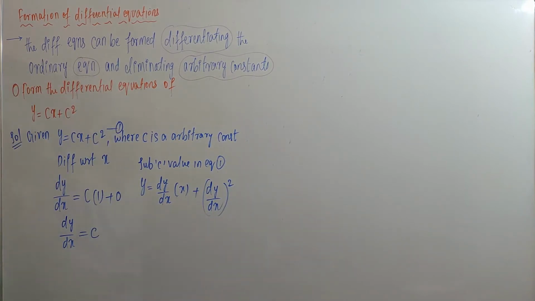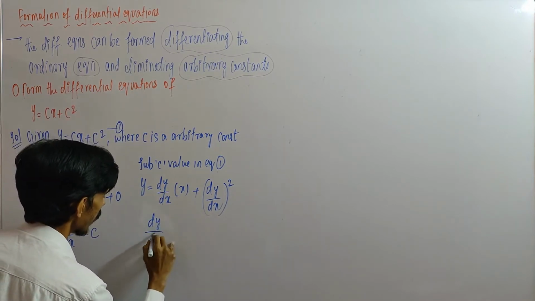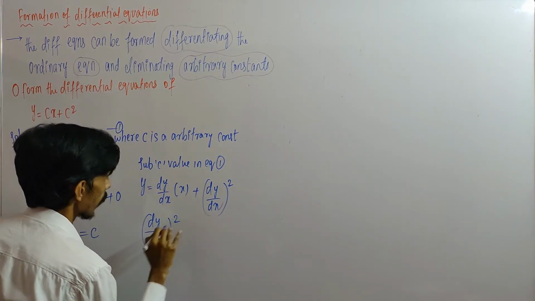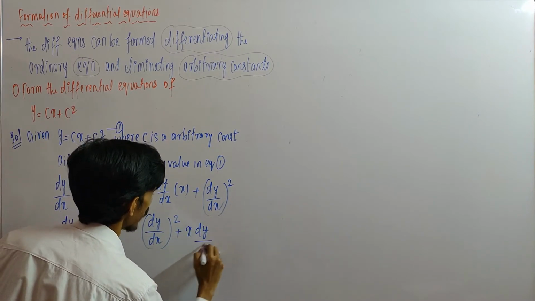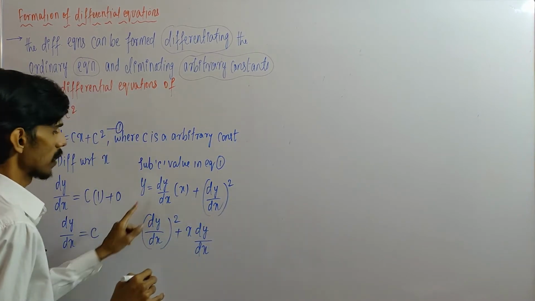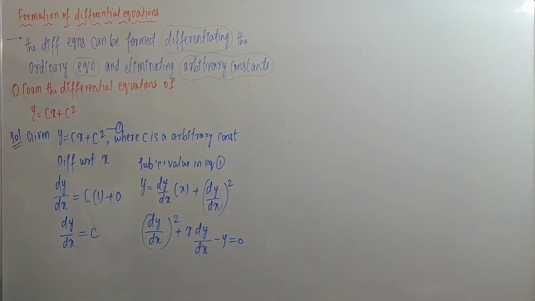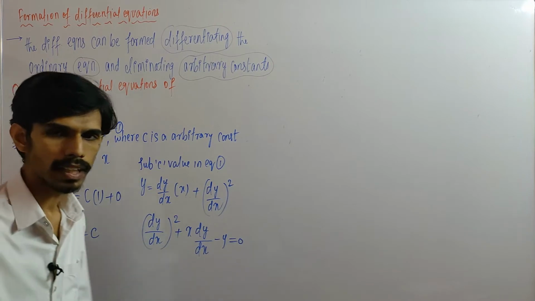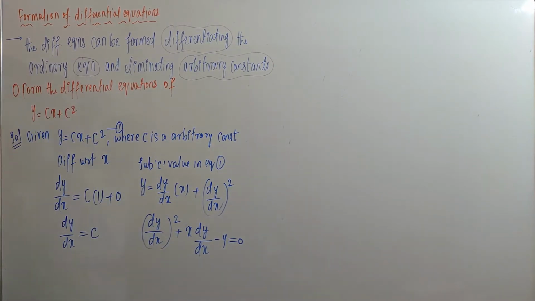Now let us rewrite this equation. Write down dy by dx square plus x into dy by dx. This will become minus y equal to 0. This is a differential equation because it contains derivative of y with respect to x.